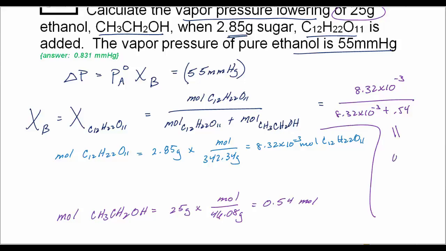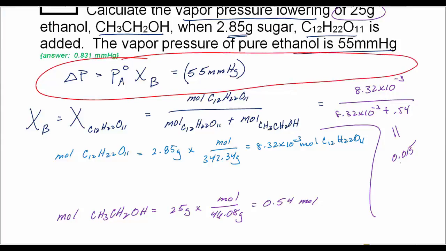Oh, 0.015. That's my mole fraction. So let's go back up and finish this. Here it is. That's my mole fraction. So about 0.83. Now remember, mole fractions don't have any units, so that's why we end up in just millimeters of mercury. And that's our answer.